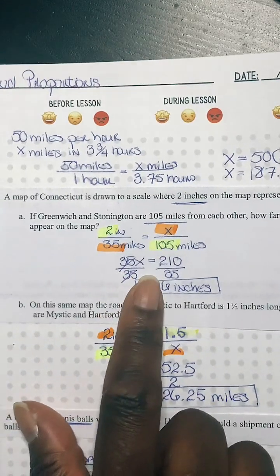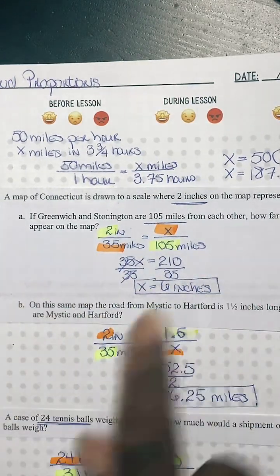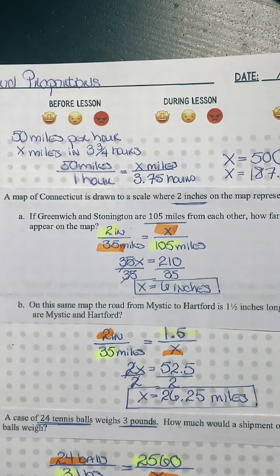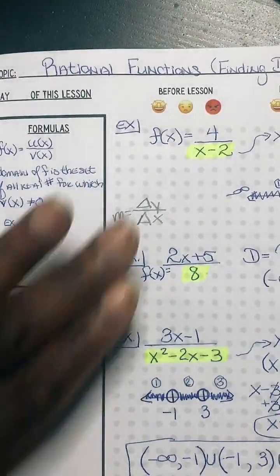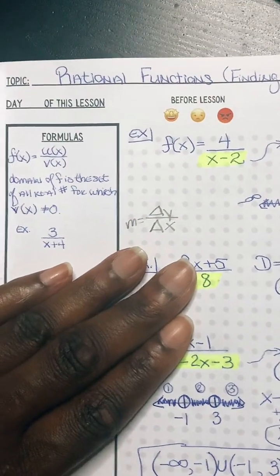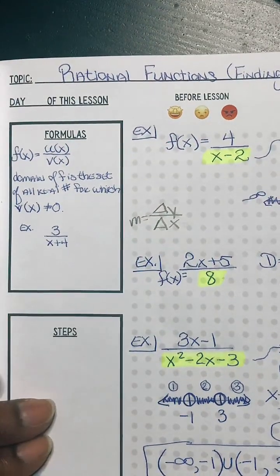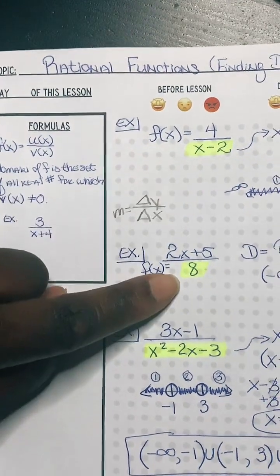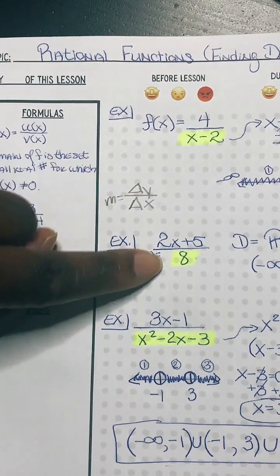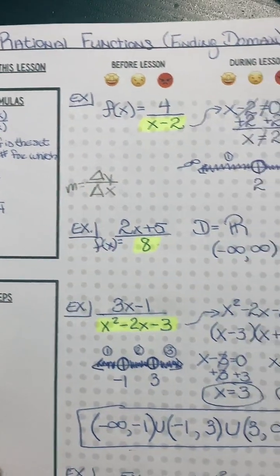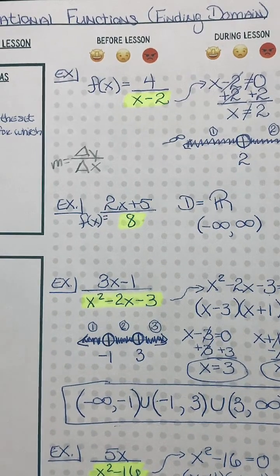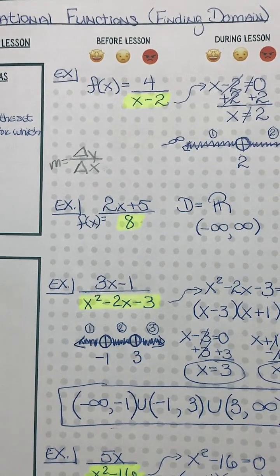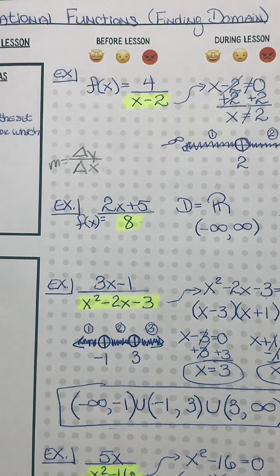We basically worked on how to set it up by looking at word problems, as well as a little bit of rational functions. So we're going to be doing more with rationals, all right? We're looking at how to find the domain. So we're only looking at the denominator at this point in time. There's many other things that we can do, but all we have to do is just look at the denominator.